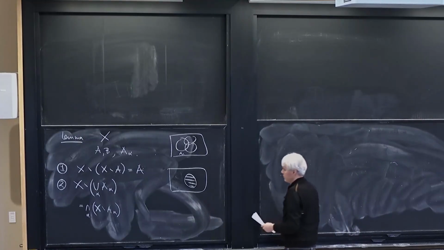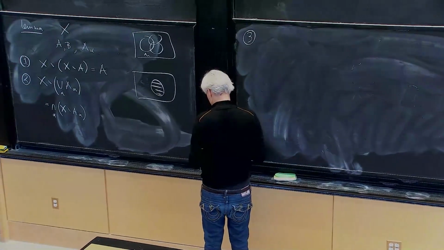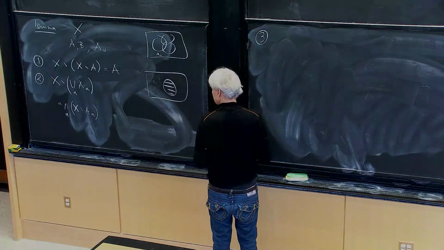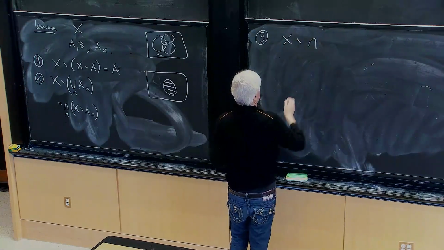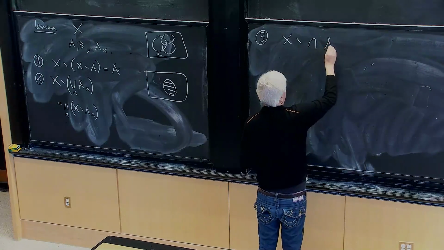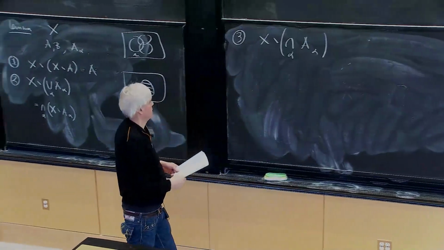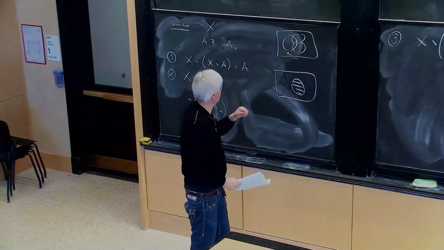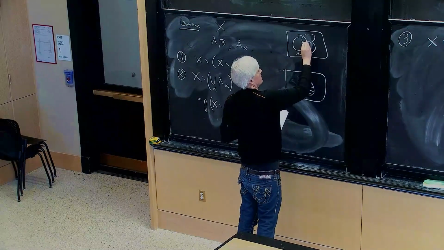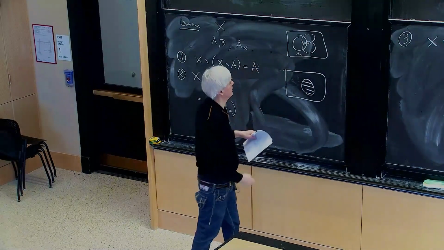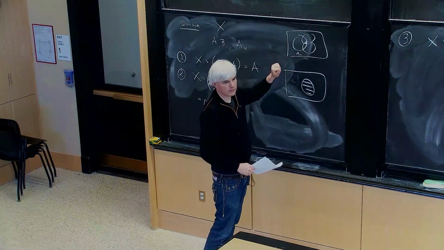And the third operation is that if you take X and you are removing the intersection of this family, this means that the intersection of the family, in this picture here, would be this thing here. And so it's not right there. Everything else is allowed, right?